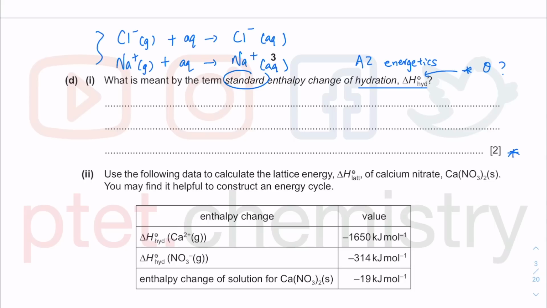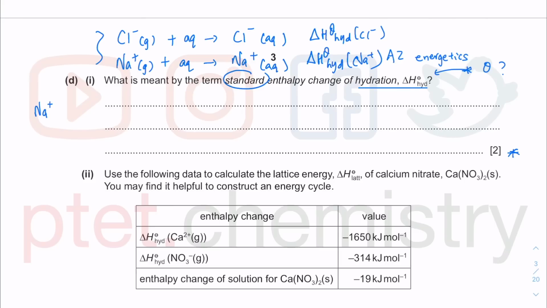These are just the equations I know. These are hydration of your Cl minus, and this is hydration of your Na+ cation. Hydration will always be exothermic, never endothermic. If you think about what is happening around the Na+ ion, the cation, you will have the electronegative oxygen, delta negative oxygen, delta plus hydrogen, and you're surrounded by delta negative oxygen of the water molecule.